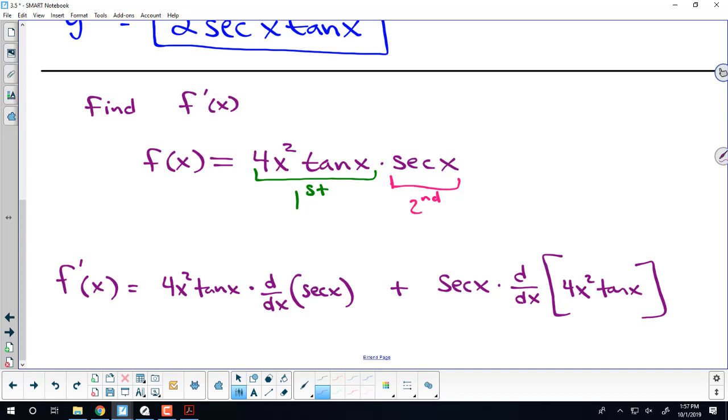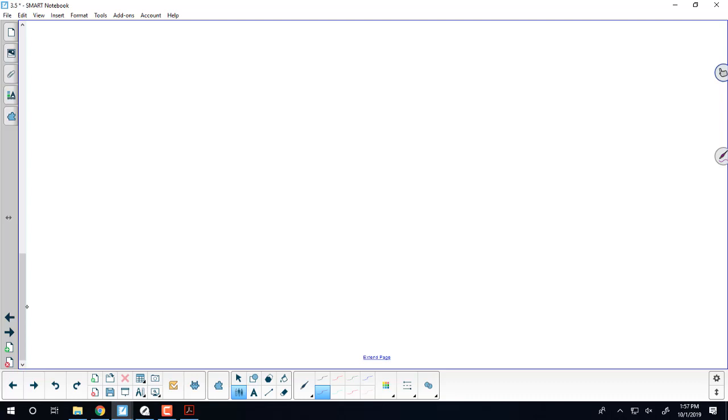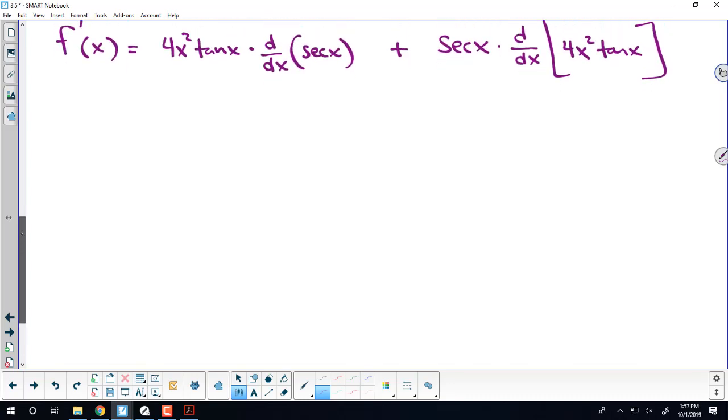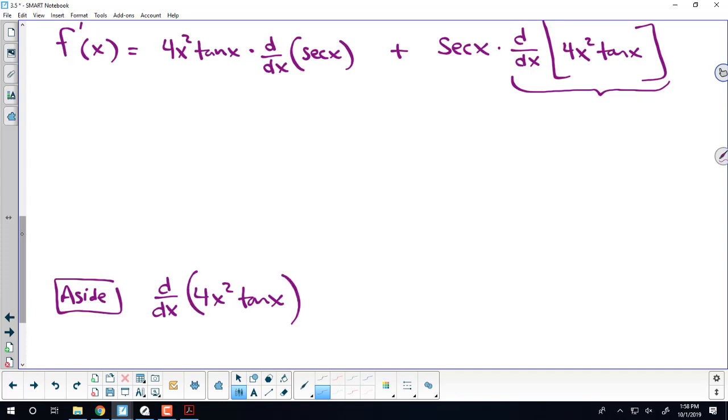If you've got additional derivatives that show up in that process, then just compute them off to the side. So let's take this derivative here and compute that off to the side. So here's our aside.